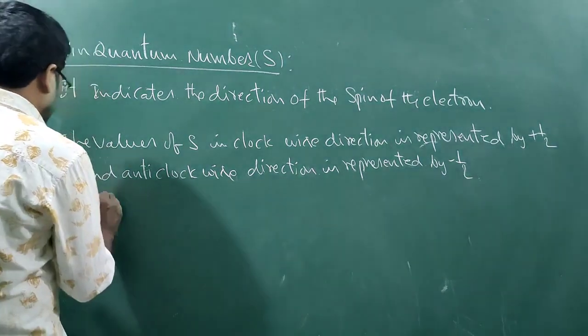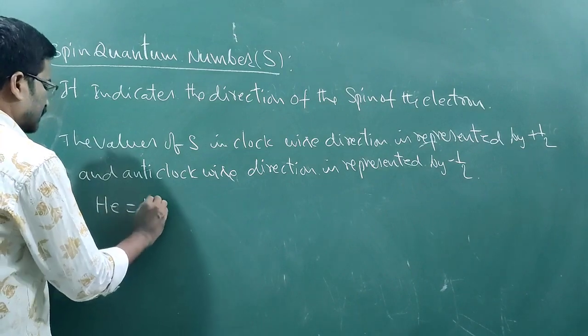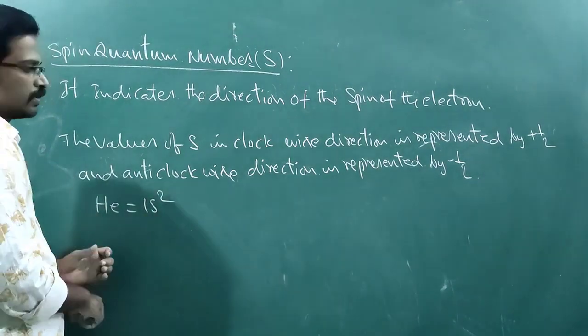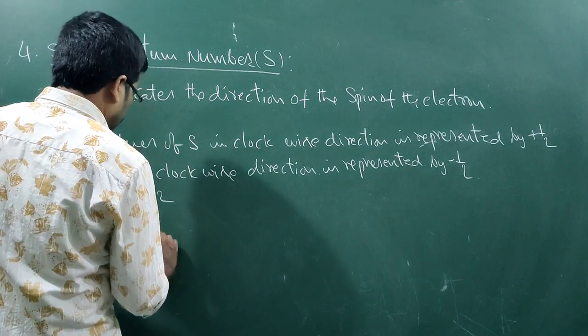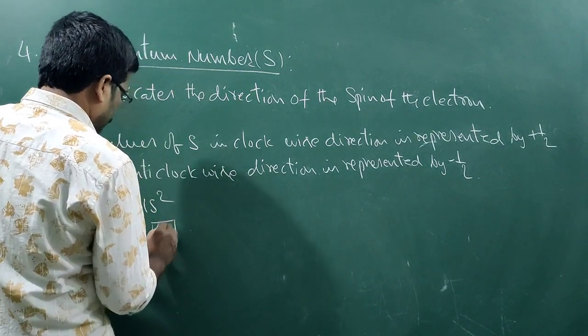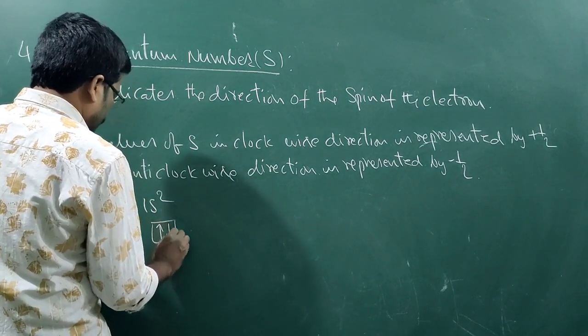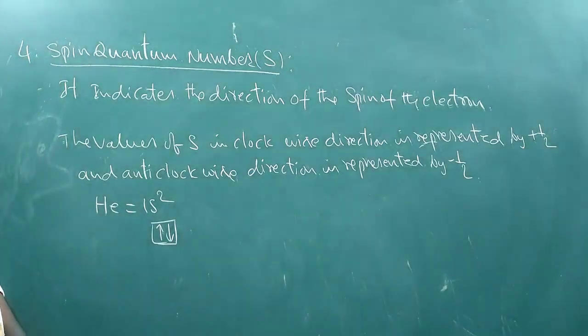Let us take an example. Helium's electron configuration is 1s2. These electrons occupy an orbital, and the representation of the electrons is like that.